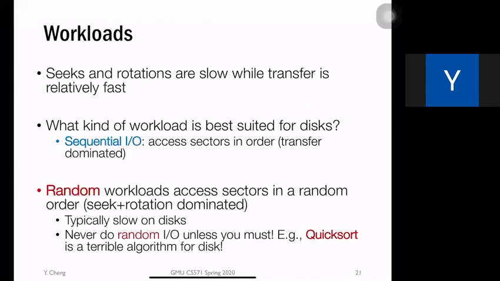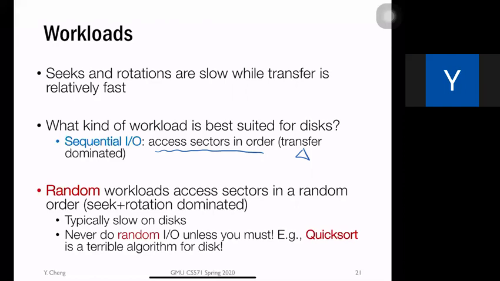Sequential large I/O, because you could just access contiguous consecutive sectors in order, in order to transfer the data out from disk or transfer data into the disk. And this is transfer dominated, and assuming transfer is the fastest factor among all these 3 different factors that determine the disk latency, the disk performance.